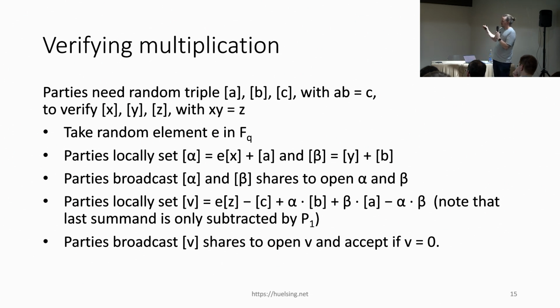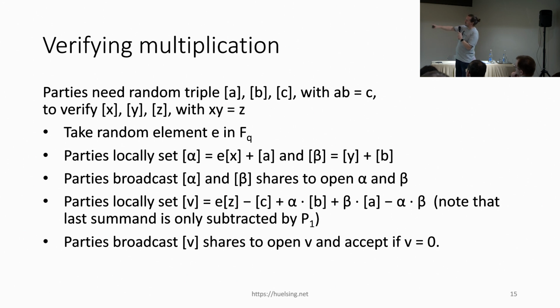So what the parties locally do, first they get from somewhere externally a random element in F_q over which all operations are done. This is sometimes called the multiplication mask. And usually it's written as an epsilon, but PowerPoint Online doesn't have an epsilon, so you have to live with an E. But they have alpha and beta, so we actually are computing values of alpha and beta, where alpha is e times x plus a, and beta is y plus b.